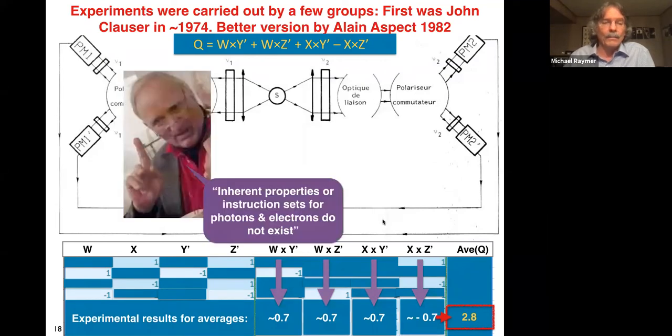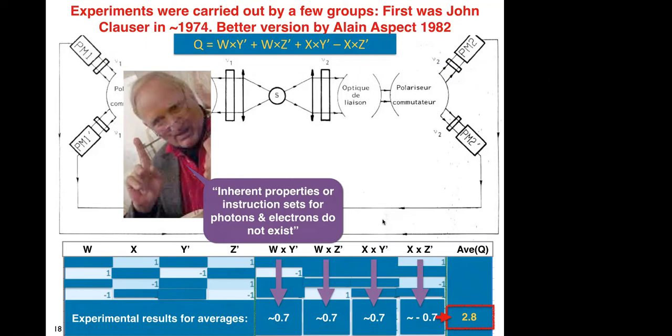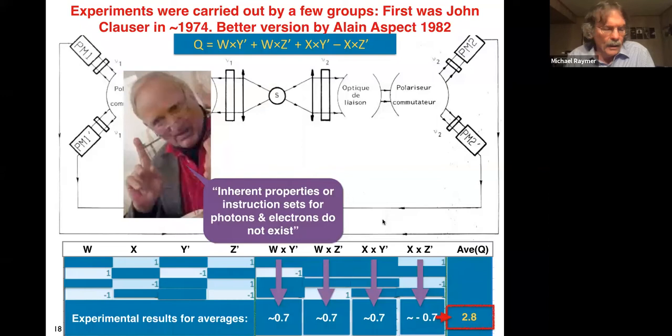And so here's a cartoon of John Clauser, who says, this seems to imply inherent instructions for photons do not exist. Now, I saw John Clauser a few years ago at a conference, and he made the interesting comment that he did that experiment in 1974 in order to prove that inherent instruction sets do exist.